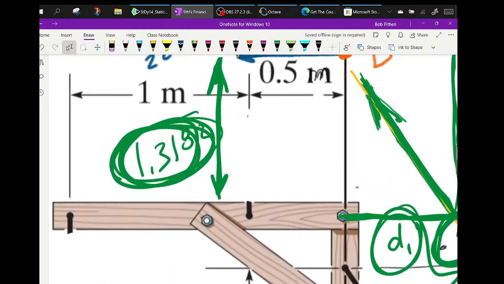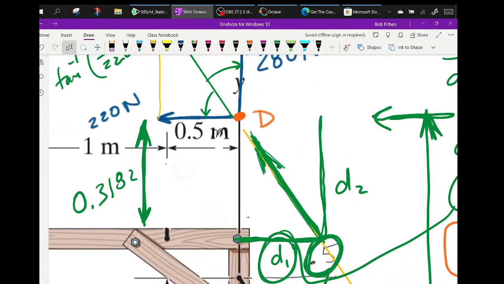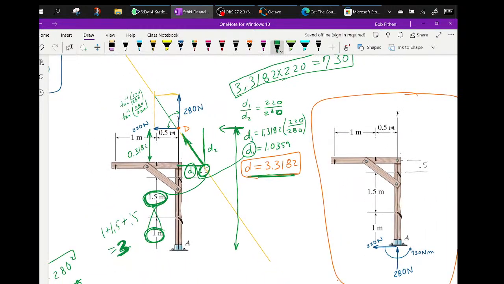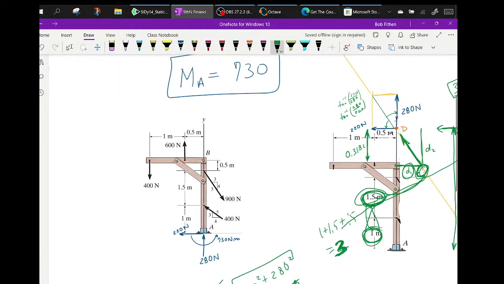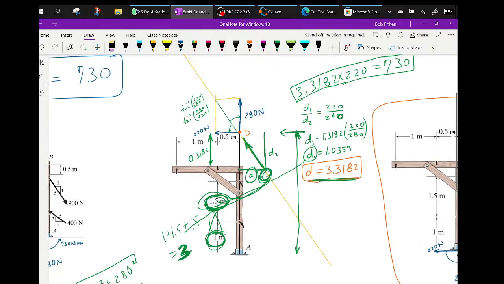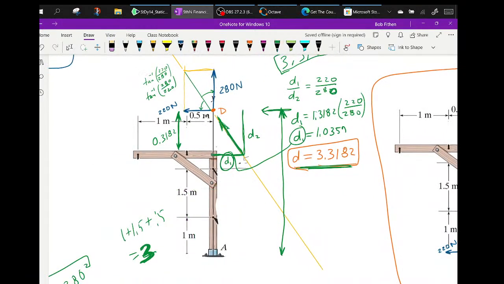Mistake on my part. This distance is 0.3182. Error on me. I cannot add 1 plus 1.5 plus another half. The total distance from here to here was not 2, but was 3. That means this thing is slightly above here. Okay, my mistake. You probably caught it while I made it.